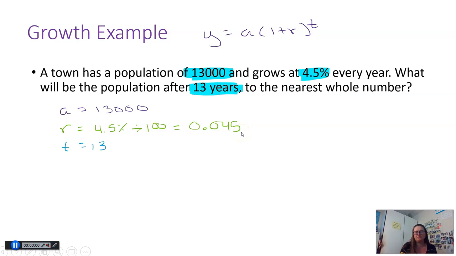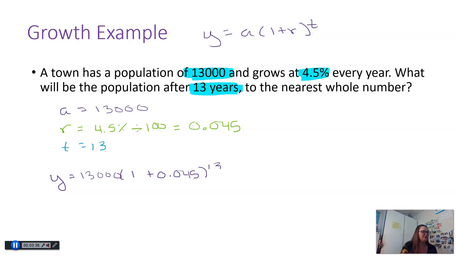If you're good at going from percents to decimals, r is just the percent as a decimal. And t is 13, and it is percent every year and in 13 years, so we're good. Now all we do is plug the numbers into the formula. It's going to stay y equals, and then instead of a, we write 13,000 times parentheses 1 plus 0.045 parentheses to the power of 13.